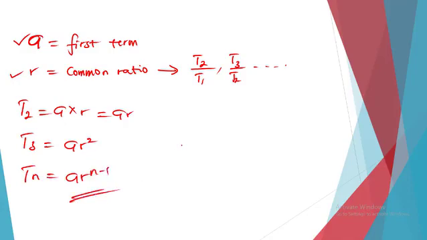You remember? Okay, so we have the general formulas for the sum of a geometric progression. The first: Sn is equal to a into 1 minus r raised to the power n, all over 1 minus r.